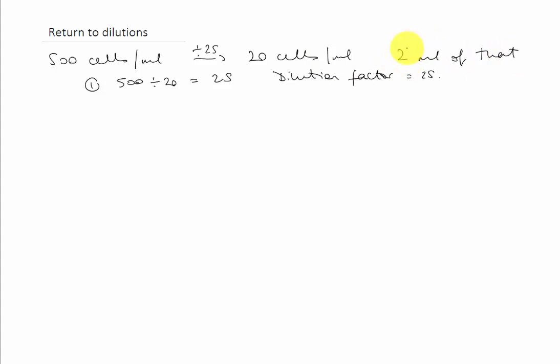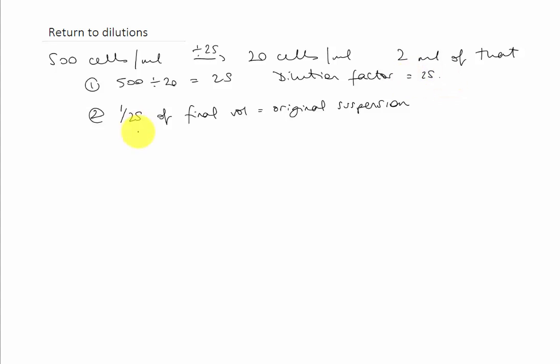And then how do we work out how to make 2 mils of that? So we know that 1/25 of the final volume is our original suspension, because that's our dilution factor.